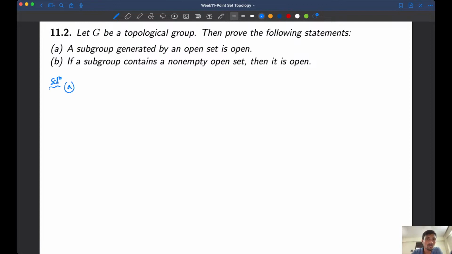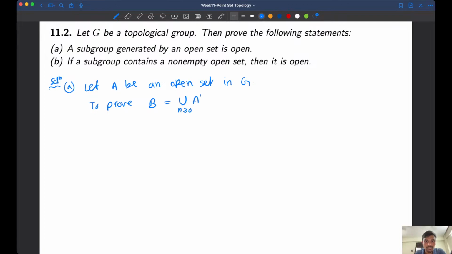So for the subgroup generated by an open set, let A be an open set in G. I want to prove that the subgroup generated by A is open. The subgroup generated by A means you consider B equal to the union over all n greater than or equal to 0 of A power n.